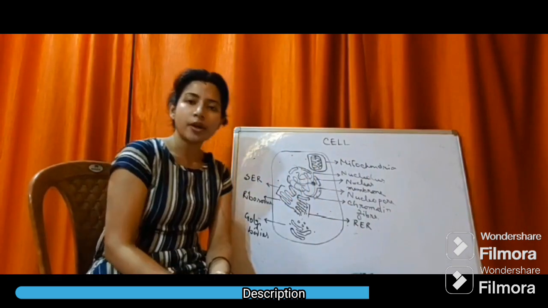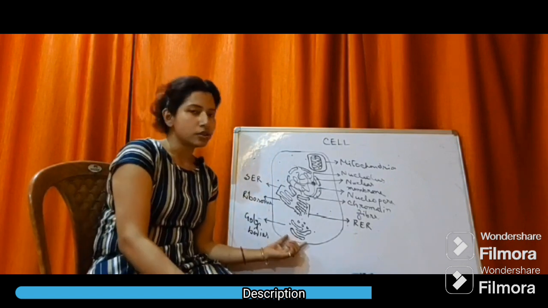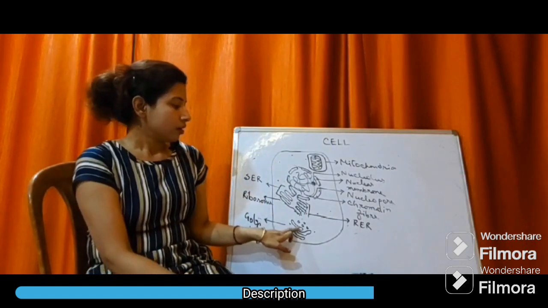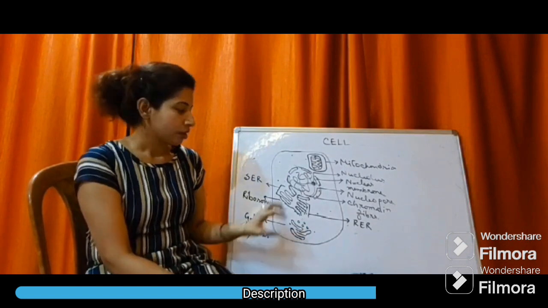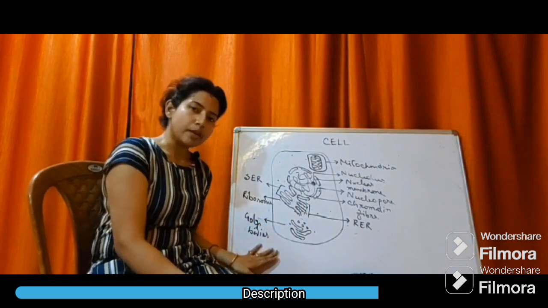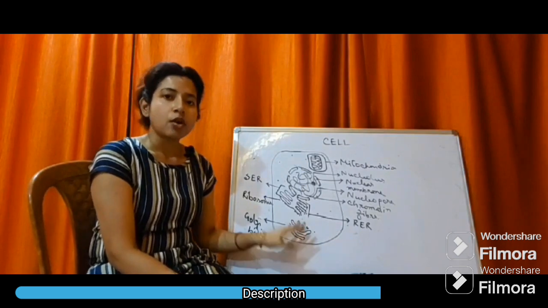Okay. After mitochondria, the next cell organelle is the Golgi body. You can see I have already shown here the vesicle-like structure and a few vacuoles. The entire structure is called Golgi bodies or Golgi apparatus. Its function is packaging.